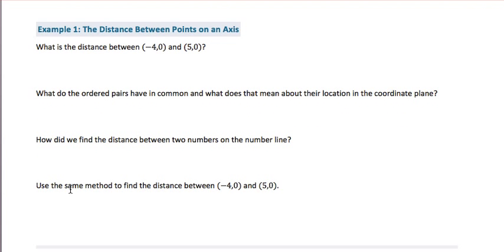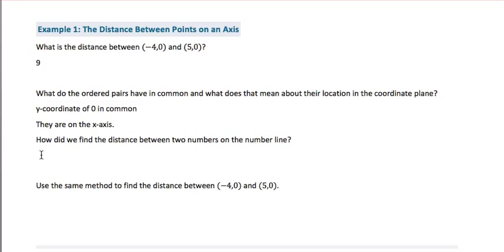So then the distance between points on an axis, the distance between -4 and 5 is 9 units. And I know that because the ordered pairs have a y coordinate of 0 in common, and it means that they are on the x-axis, both points.